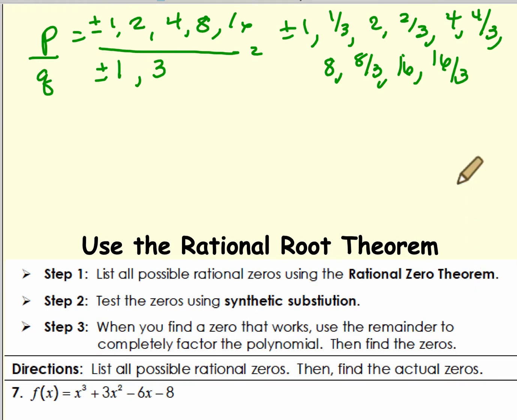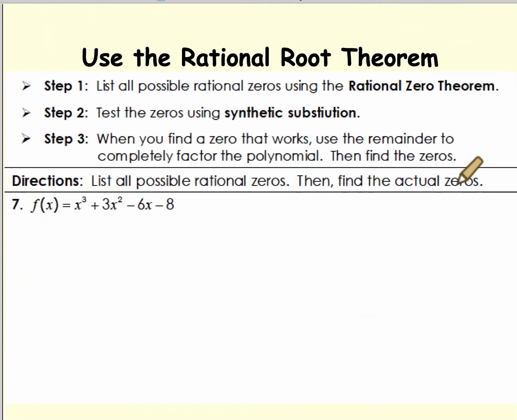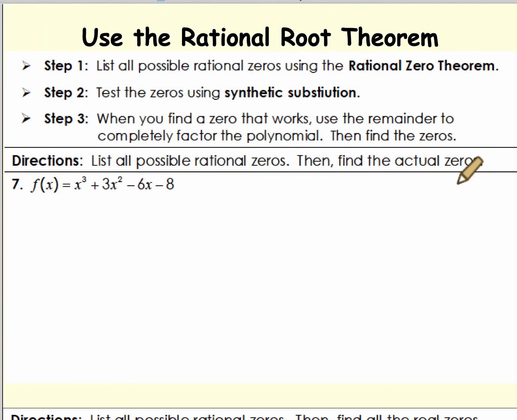Okay, so now we're going to go ahead and use it. If I wanted to find the solutions to this, the first thing I'm going to do is see if it factors. And guess what? It doesn't. So if it doesn't factor, I'm looking to see if I can figure out at least one linear factor.